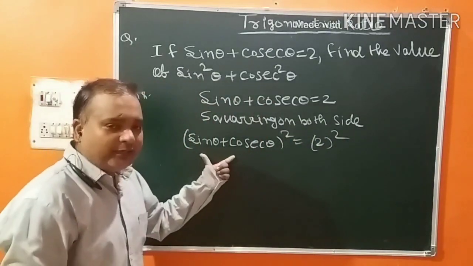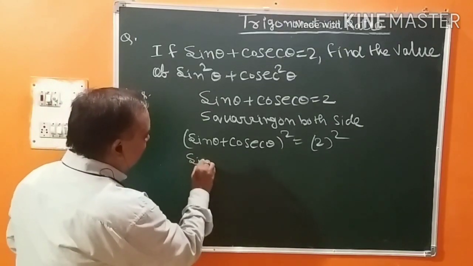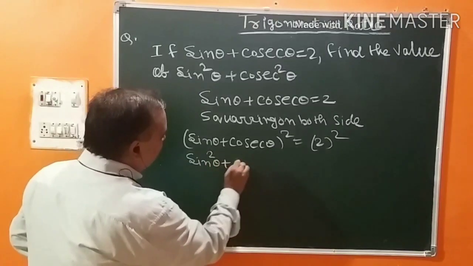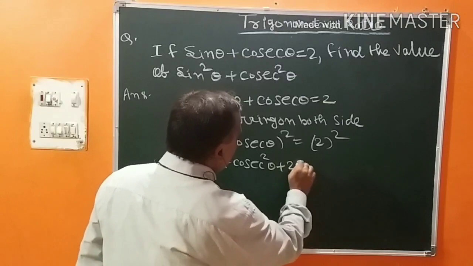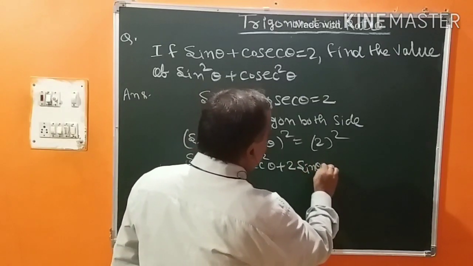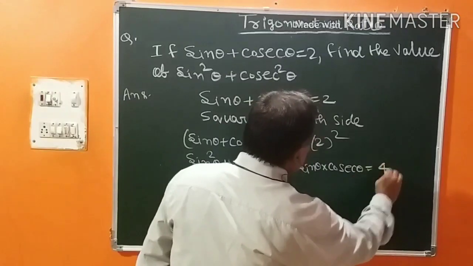Now expand it by the identity a plus b whole square. So we can write sin square theta plus cosec square theta plus 2 sin theta into cosec theta equal to 4.